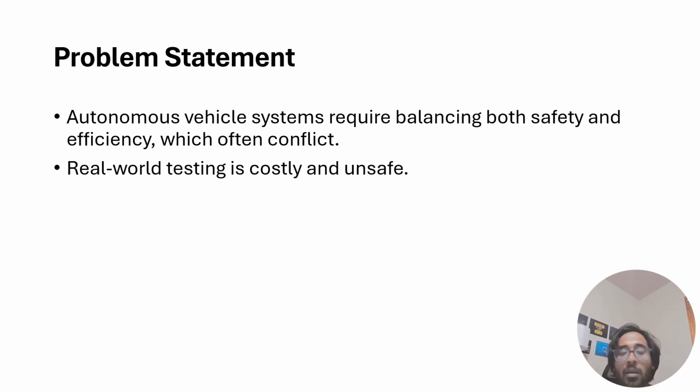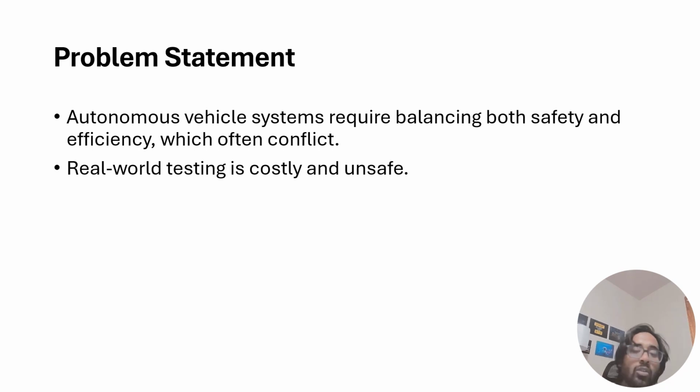As I mentioned in the previous slides, safety and efficiency for an autonomous vehicle are both very important at the same time, but most of the time they are very conflicting. So the problem statement is how we can balance these two objectives at the same time. As we also mentioned, traditional reinforcement learning can solve only one problem, because it does not focus on the other objective.